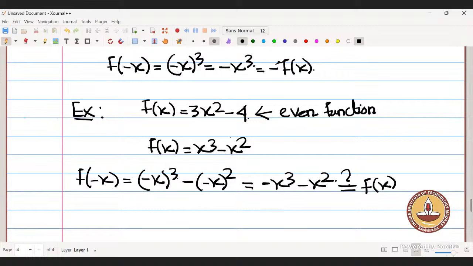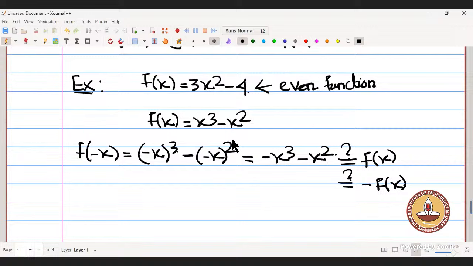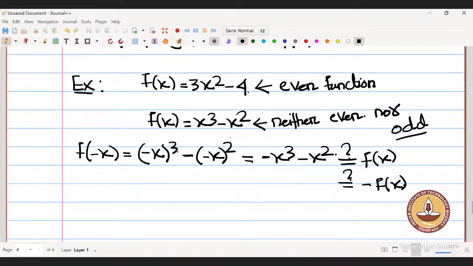No. And do you think this is the same as minus of f of x? No, right? So this is neither even nor odd, right? So you can have some function which is neither even nor odd. Okay, and this is an example of that.